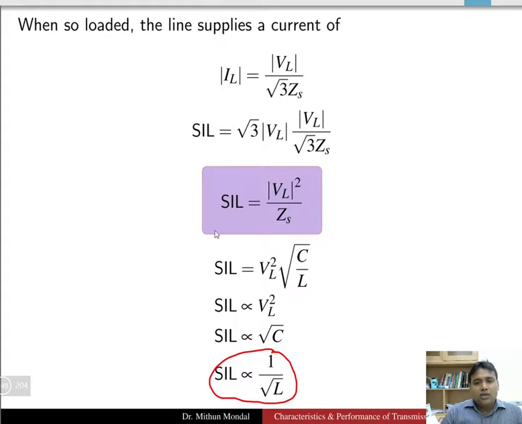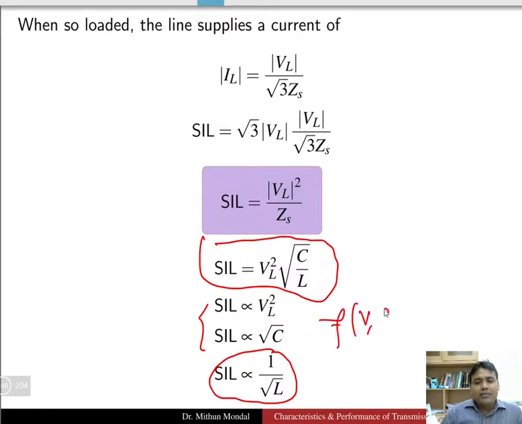This formula is a function of the voltage, the line capacitance and the line inductance. These three parameters define the surge impedance loading.